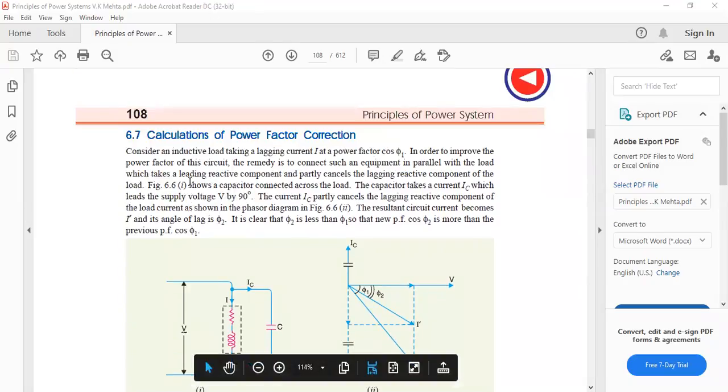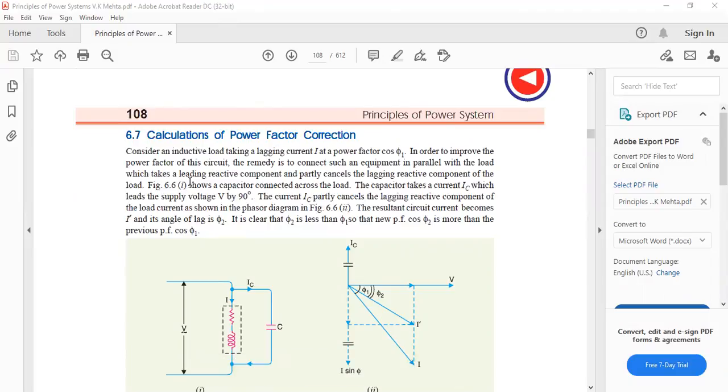For this, we are considering one inductive load. Inductive load means obviously the current lags behind the voltage by some angle. Before installation of the power factor improvement devices, the angle between the voltage and current is different from after installation.